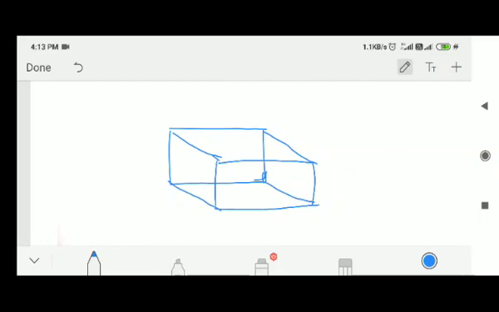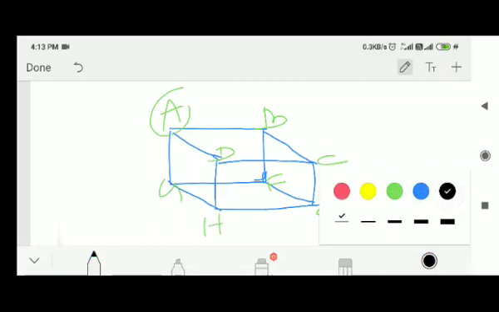Now I'm giving the names with a different color. So take it A, B, this is your C and this is your D point. Here E, here F, here G and H. So this vertex is A, another point. Black I'm doing.